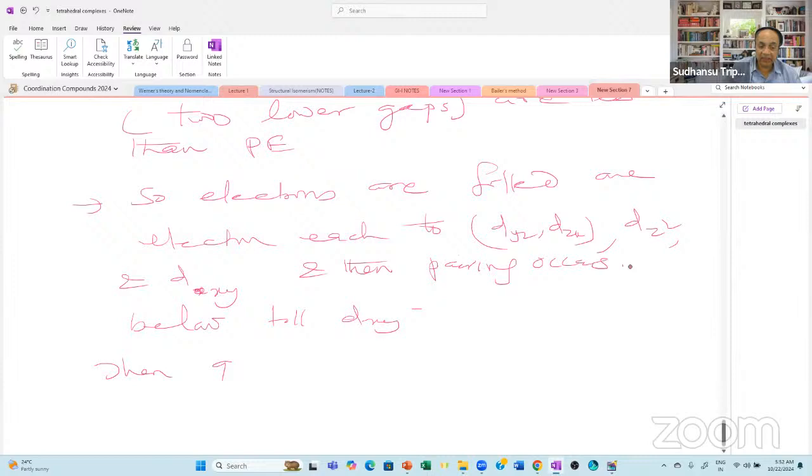Then the ninth electron goes to the upper dx square minus y square.